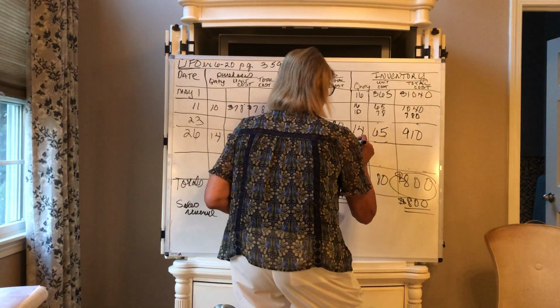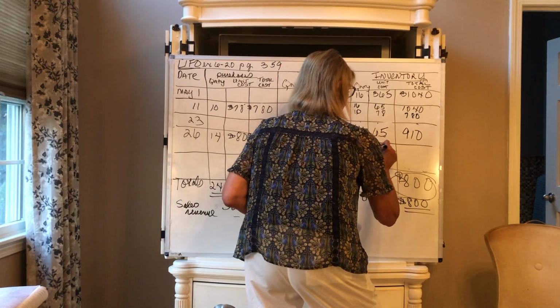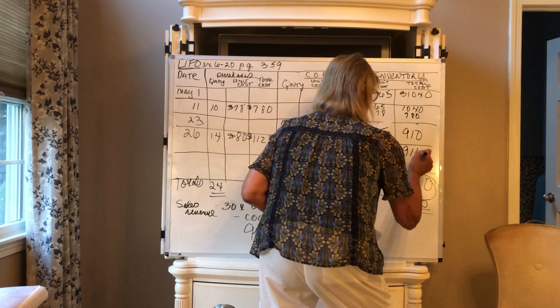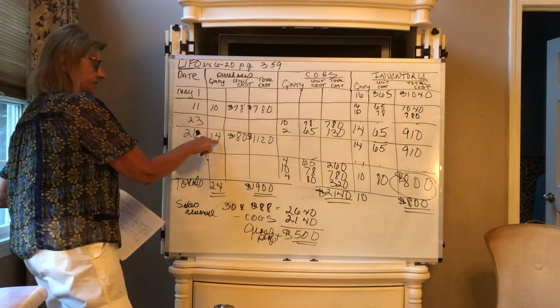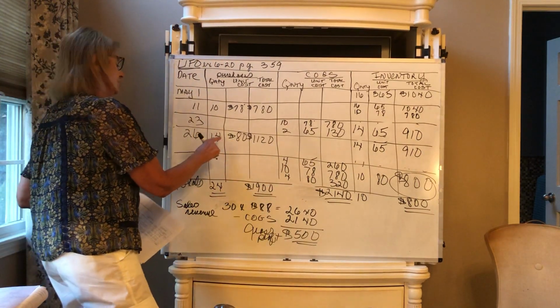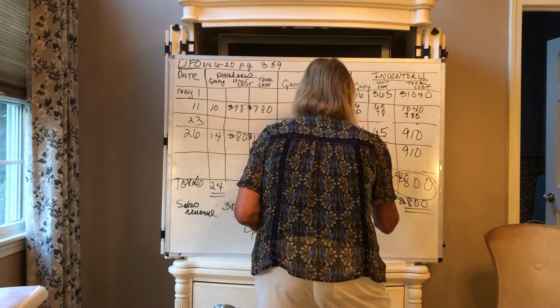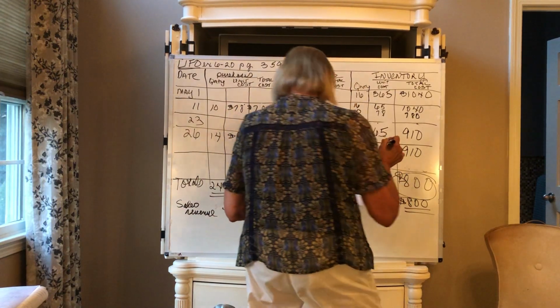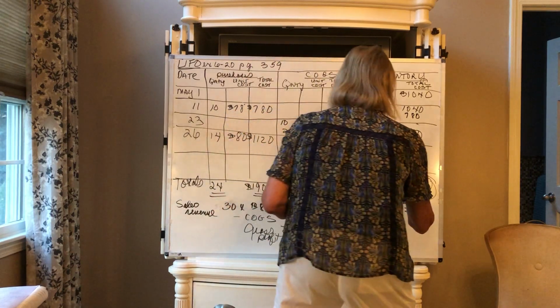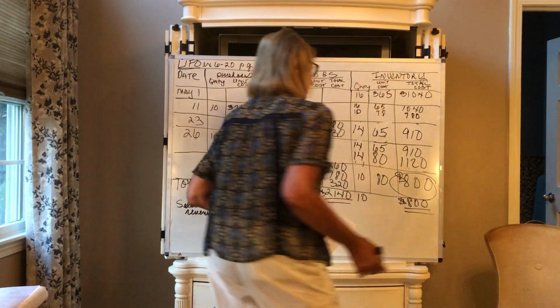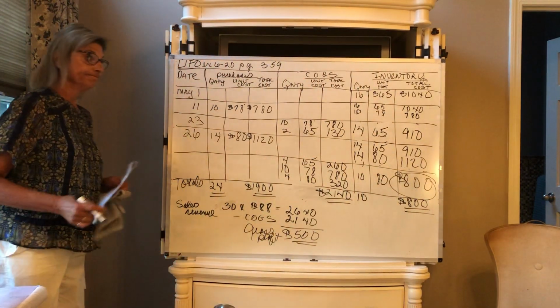Okay, so I'm going to bring down that 14 at 65 for 910, and I'm going to add in what we just bought, which is 14 at 80. Yep. And that total is 1,120. Okay? Again, looks different.